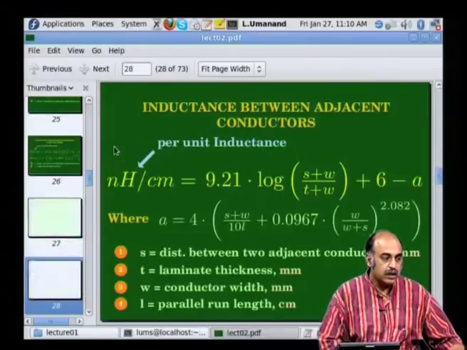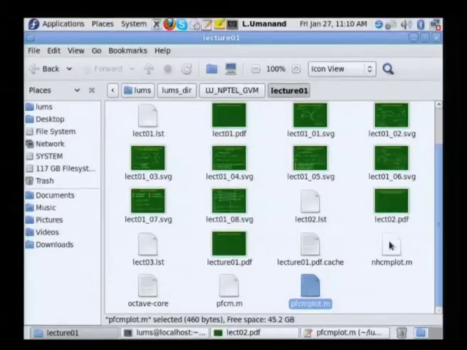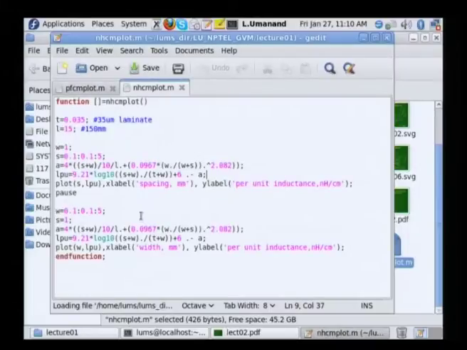So, just like we did for the capacitance, I have here for you another function called nanohenry NHCM plot, wherein we want to see the nomograph, or how the nanohenry per centimeter varies with the spacing between the conductors and the width of the conductors.